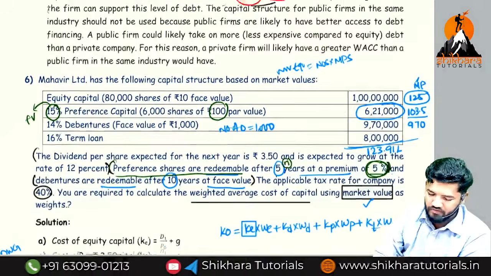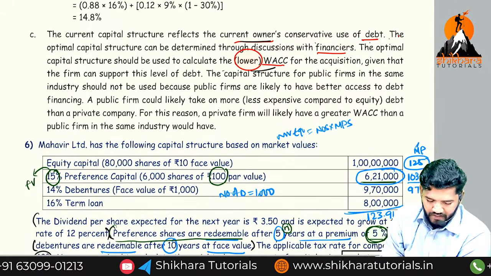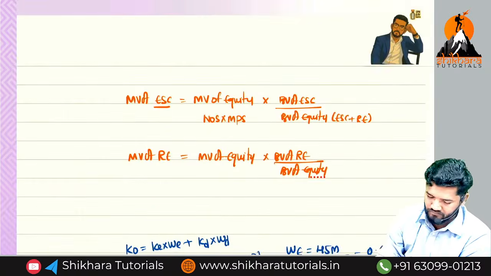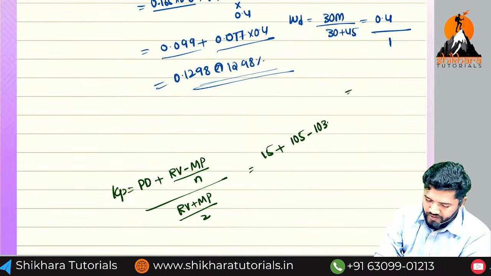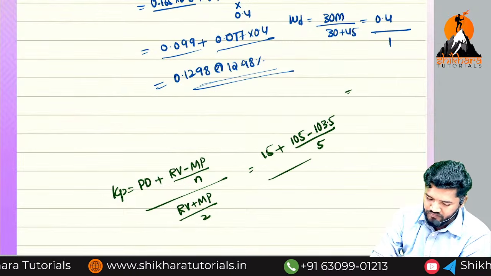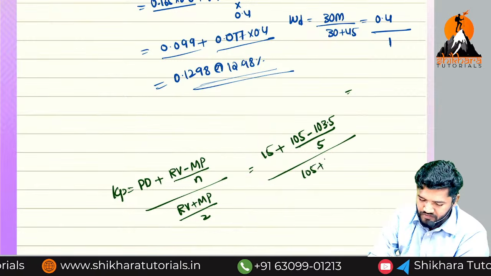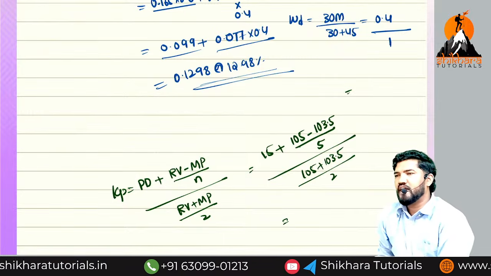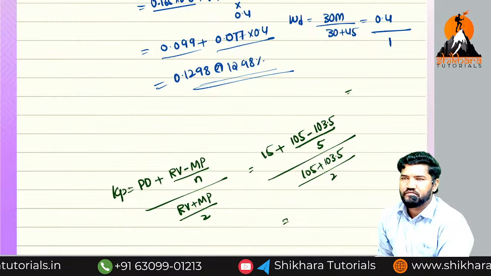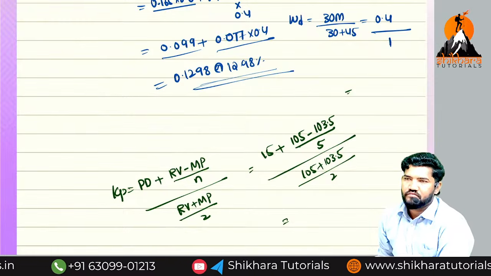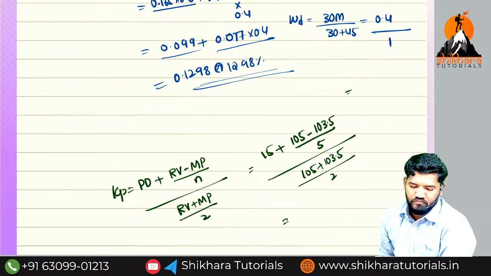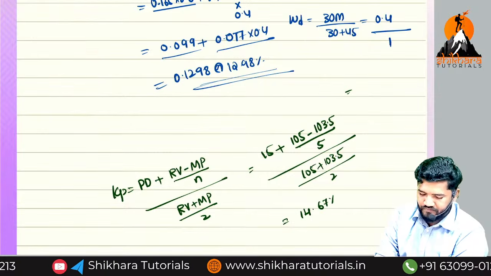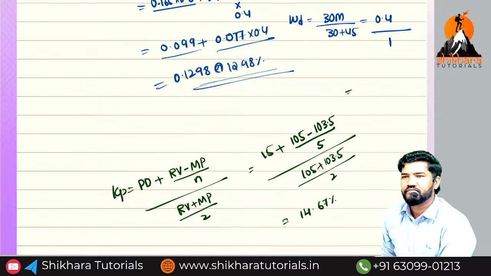You have to do a working note: 6,12,000 divided by 6,000, which is 103.5. Then 15 plus 105 minus 103.5 divided by N, 5 years, whole divided by 105 plus 103.5 divided by 2. The answer is about 13.68%, rounded off. Okay.